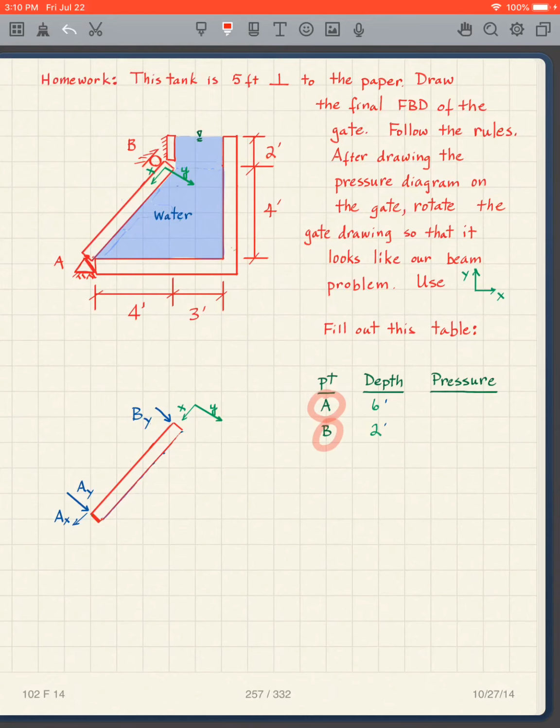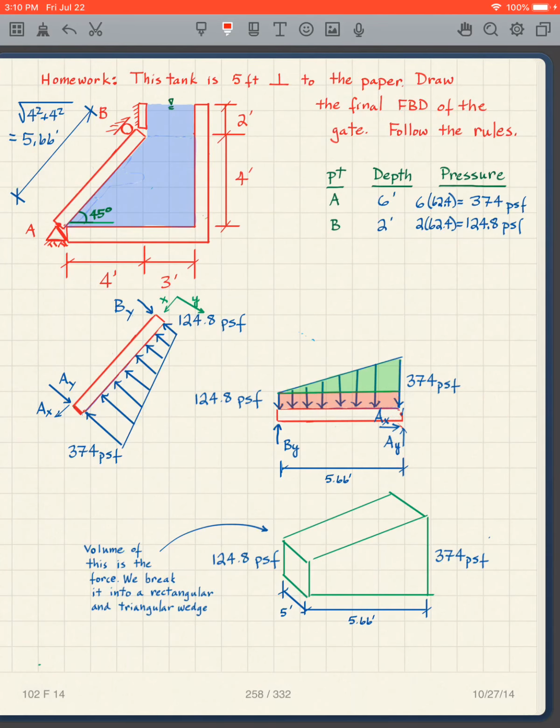Then you fill out the pressure. So if I look at this, point A is at 6 feet, B is at 2 feet. Well, that's pretty straightforward then. It's 6 times 62.4 at point A. It's 2 times 62.4 at point B. And that's these numbers here.